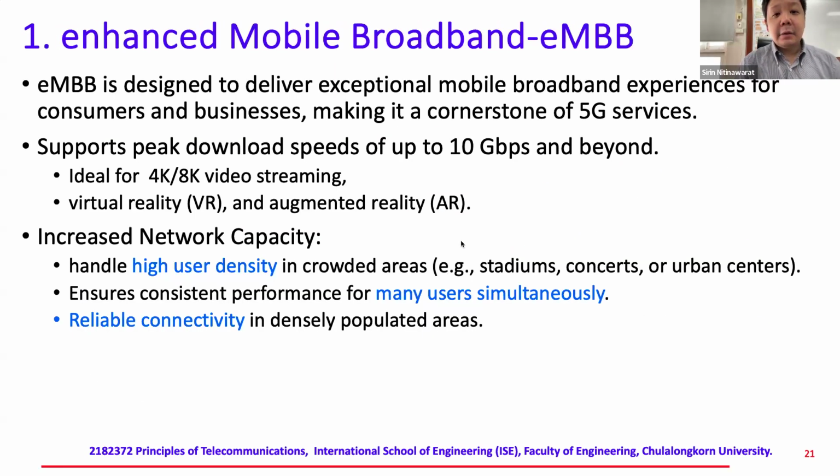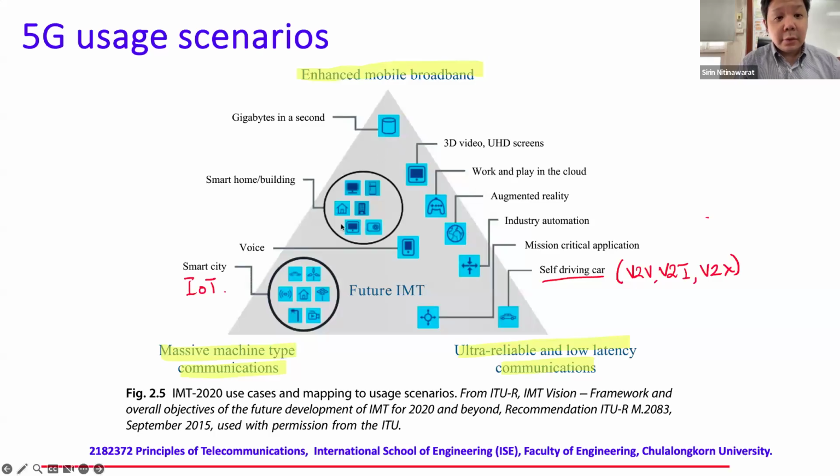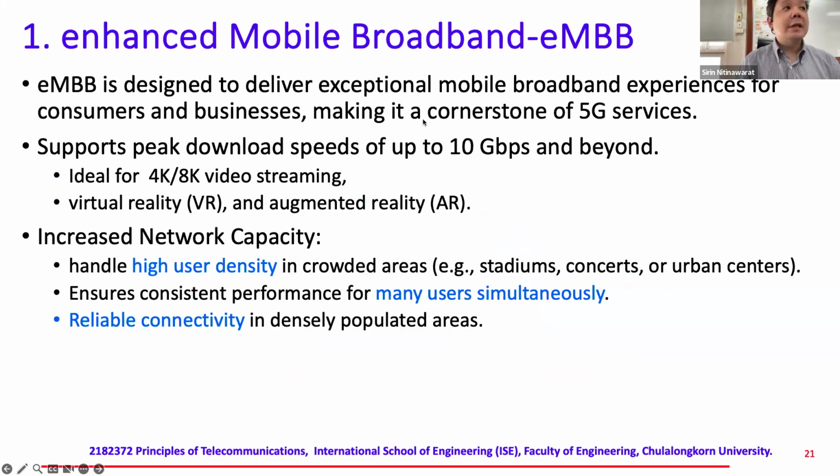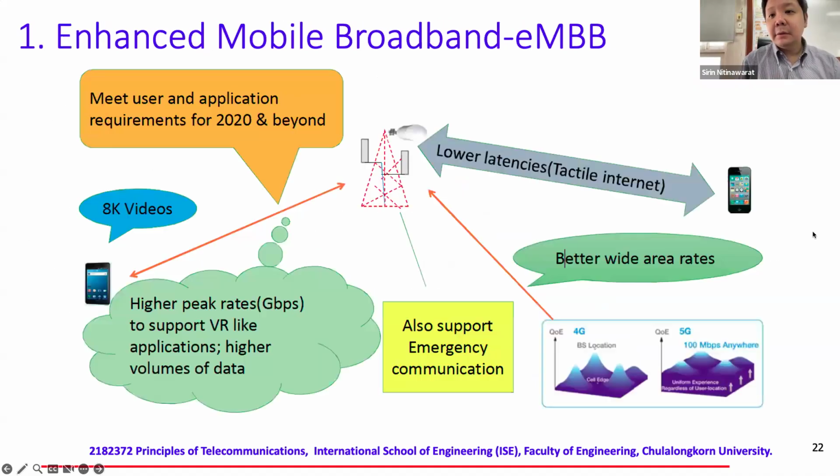Something like extreme or enhanced mobile broadband supporting multiple close by users in a very small region, something like a sports stadium or a concert hall, can be classified as suitable for eMBB.